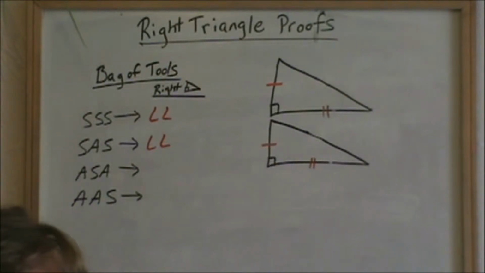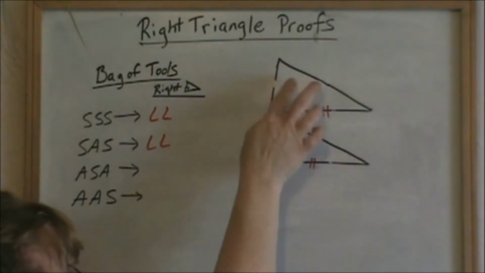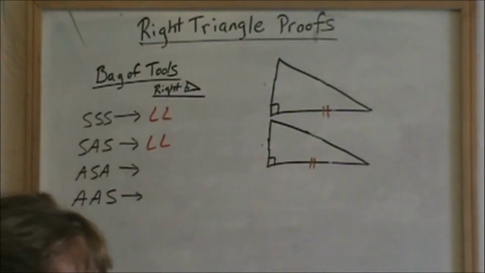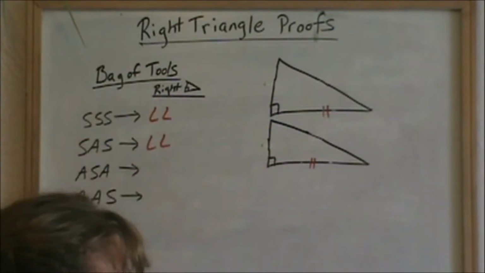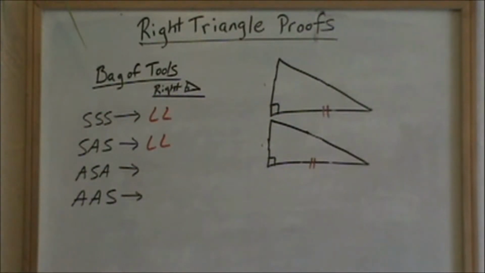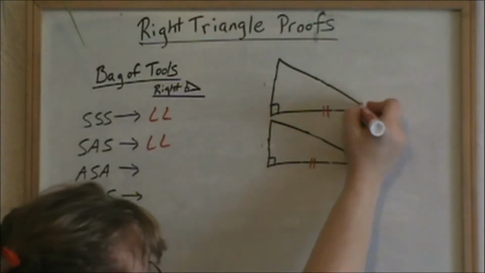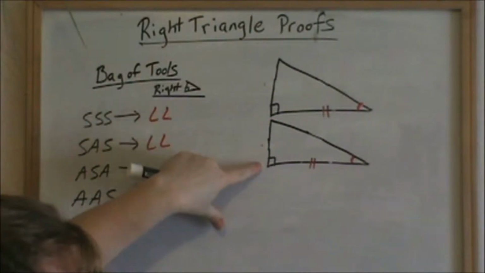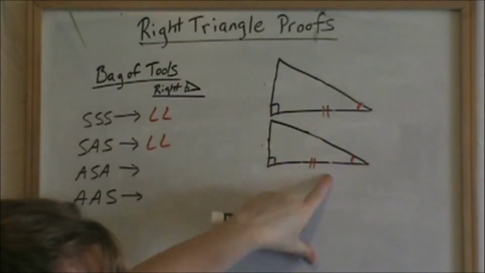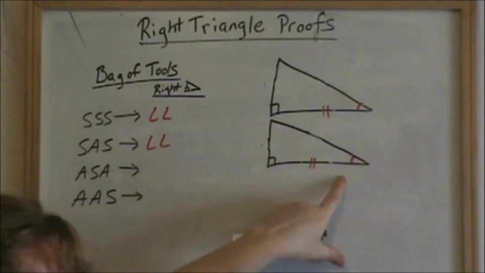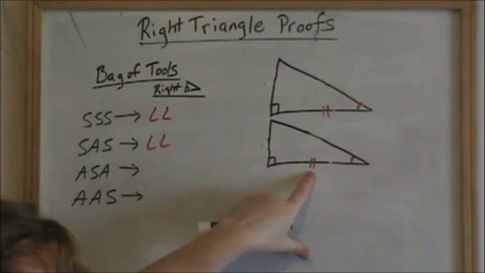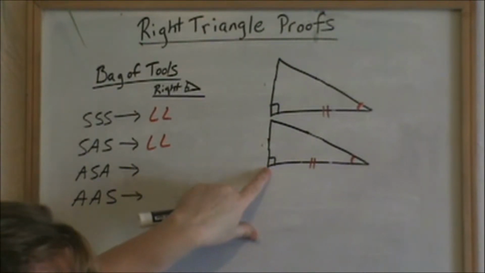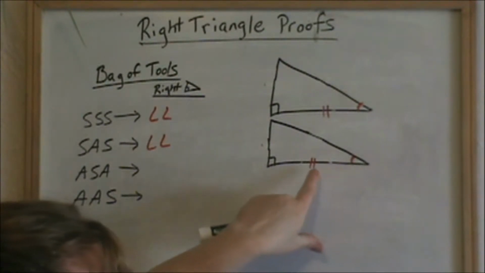Alright, let's say that you didn't have those legs congruent, but you were told that this leg and this leg are congruent, and then you were told that these angles are congruent. You already know the 90 degree angles are congruent, and then you're told that these legs are congruent. Now you're told that this angle is congruent. This would be the same as angle, side, angle. Okay? Angle, side, angle. We already know the 90 degrees, so we had to know these 2 pieces of information.